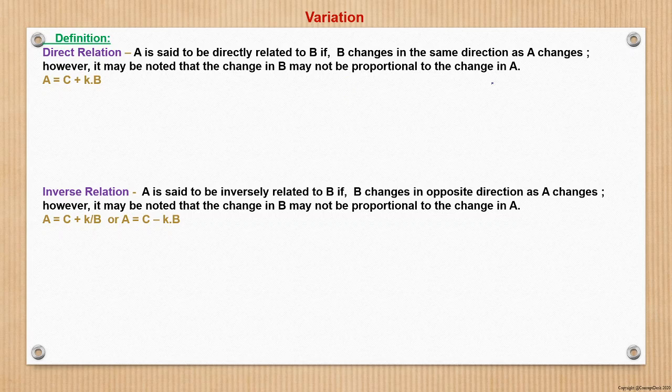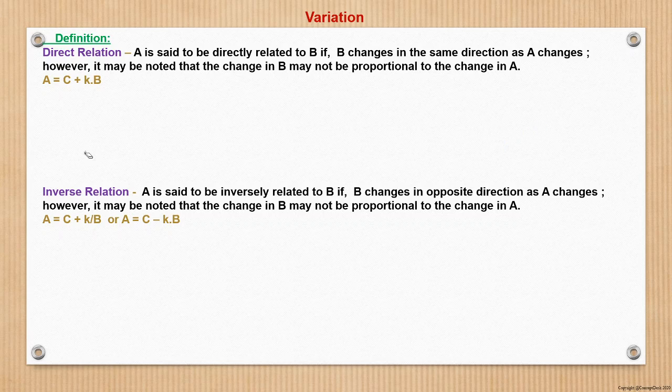Earlier we were seeing that if A is equal to K times B, and B becomes 2B or say 3B, then A will become 3A. So the same proportional change would be there. However, in relation, this is not true.